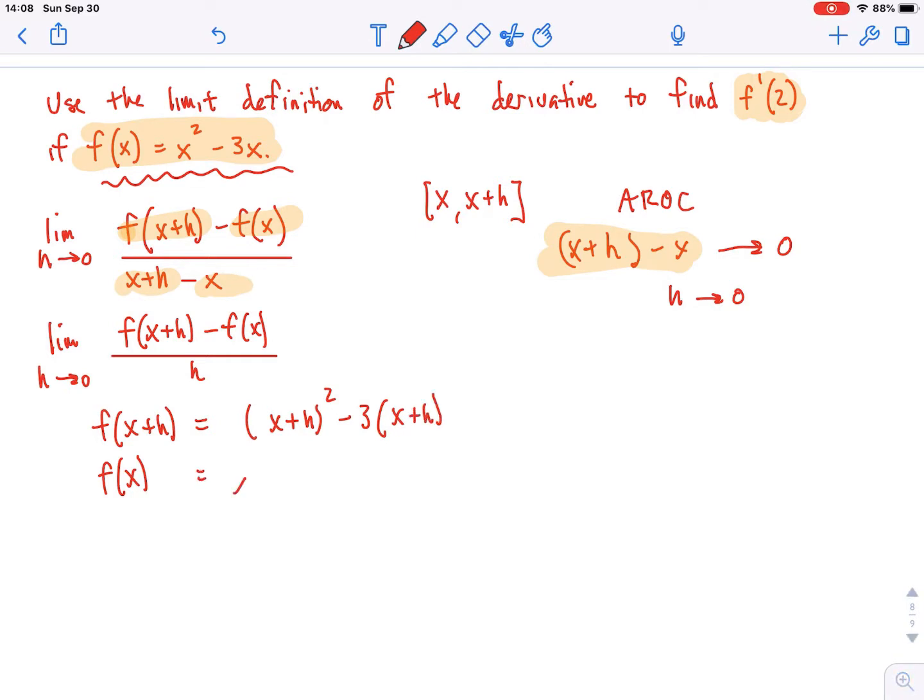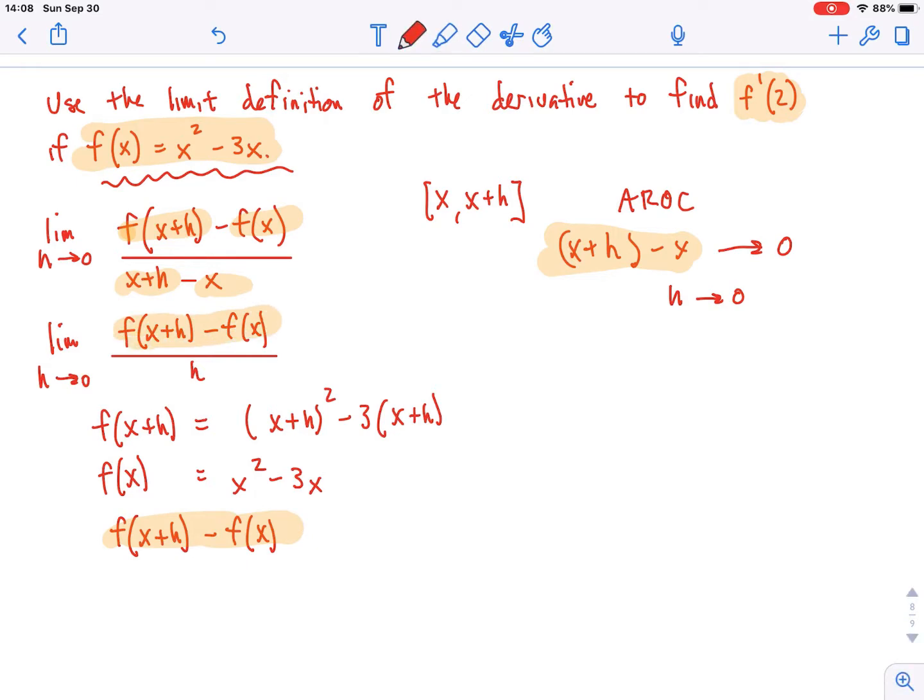And f of x is just going to be x squared minus 3x, exactly the same as our definition of the function. So let's then calculate f of x plus h minus f of x, because that ultimately is what's going to go in this top portion of our limit.